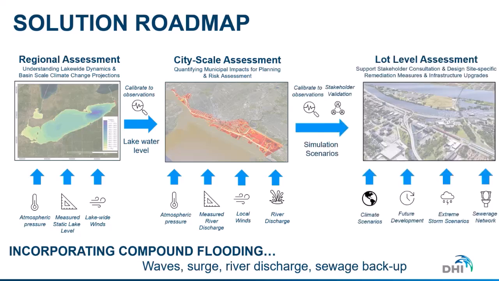And then we had a lot-level local assessment where we're looking at inundation, and we also did an analysis of extensive wave run-up and overtopping along the shoreline that coincided with river discharge, overbank flooding, and storm surge. We will also address some of the sewer backup issues that we analyzed with MIKE+.